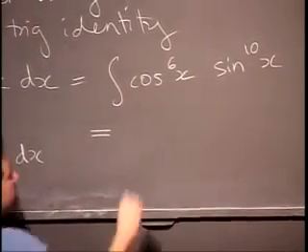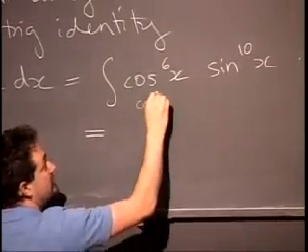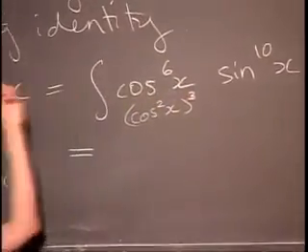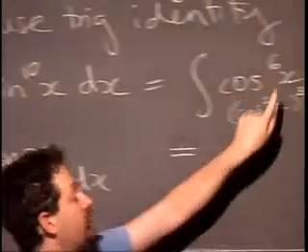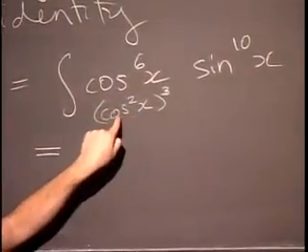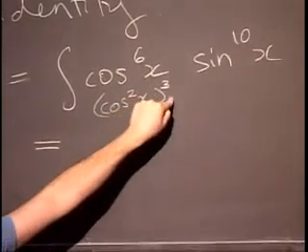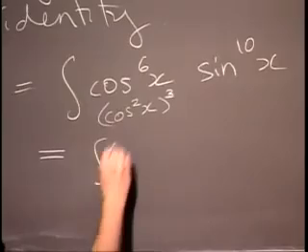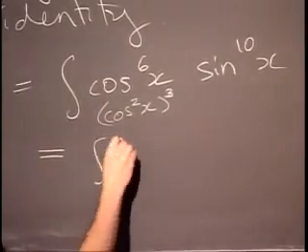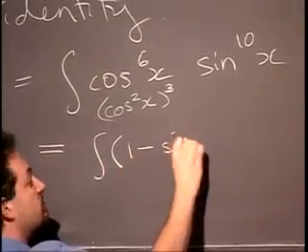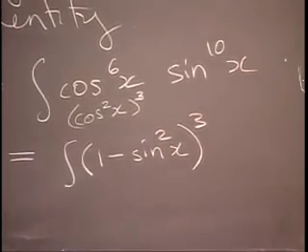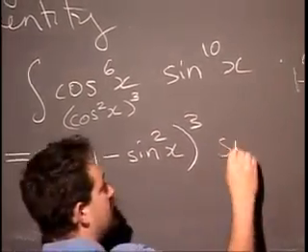So think of this as cosine squared x all cubed. Since the 7 was odd, I stole one power away and get an even power, and that allows me to write it as cosine squared x to some power. Even numbers are divisible by 2. So I can change this before I do the substitution into 1 minus sine squared x all cubed, because cosine squared x is 1 minus sine squared x.